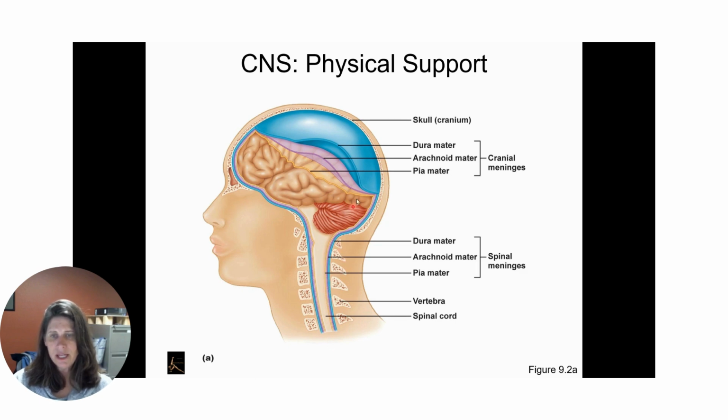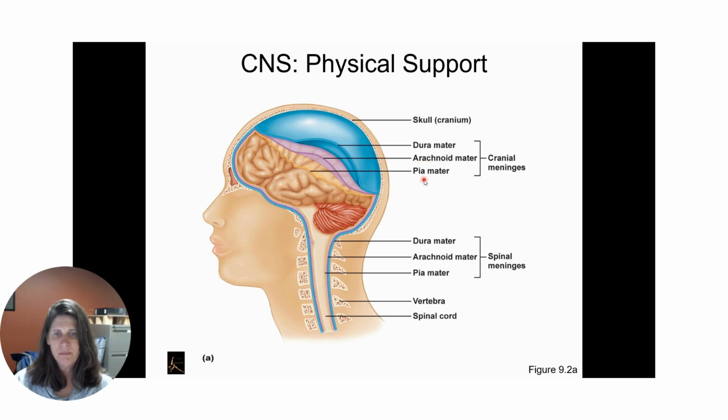And then underneath that, both the brain and the spinal cord are wrapped by three protective layers. Those are known as the meninges. Around the brain, they're called the cranial meninges, and around the spinal cord, they're called the spinal meninges. But each one consists of the thicker dura mater, then the arachnoid mater, where blood vessels travel through and also the cerebral spinal fluid passes through.